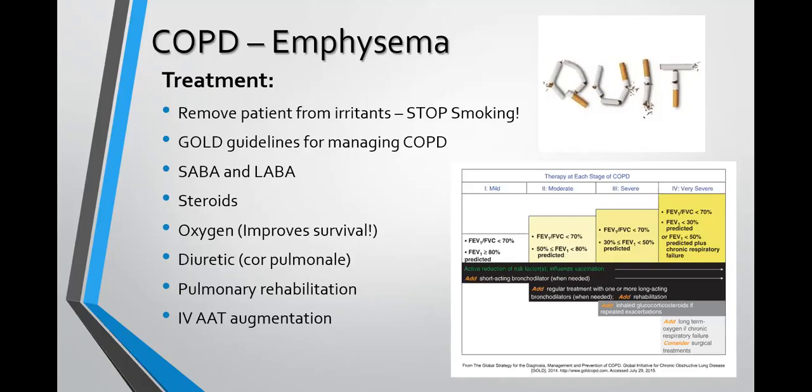Then you have like 50%. If you're 50%, then you're considered moderate. And then 30% you consider severe, right? And then very severe is also 30%, but some other things as well. Plus chronic respiratory failure, right? That means your CO2 is always super high and you're having those issues, okay?